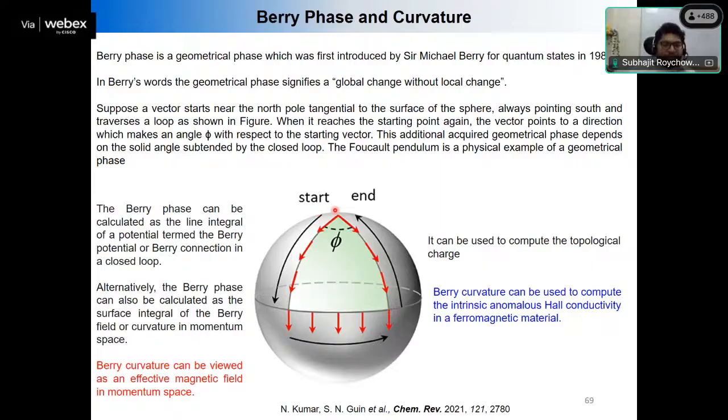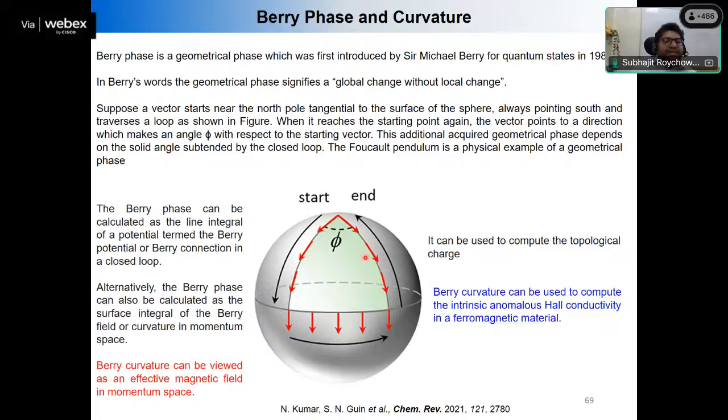Let's say I start from here, go this way, and then I complete the loop. So now you can see where I start and where I end, there is a gap. There is a geometrical phase. That's the angle phi. So this is the geometrical phase, and this is known as a Berry phase.